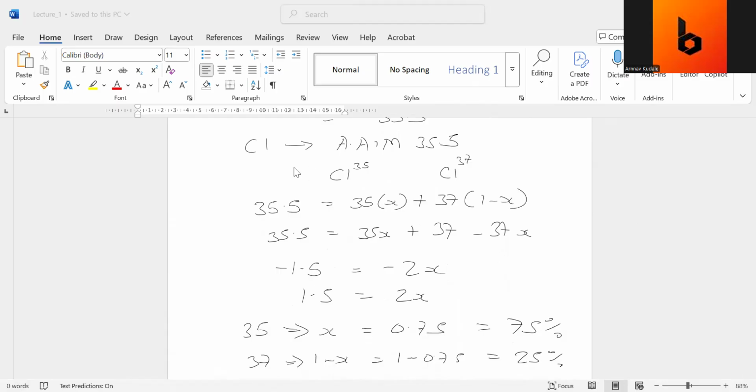It works when you have only one isotope unknown.